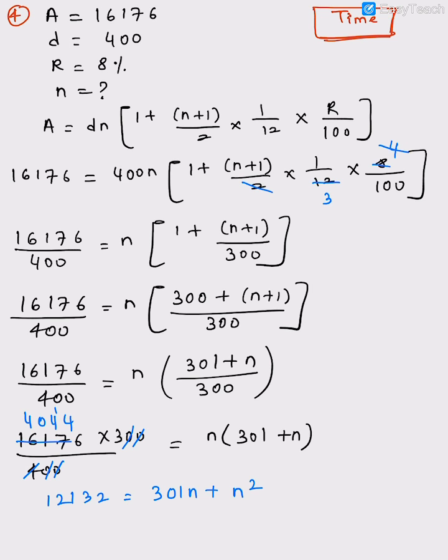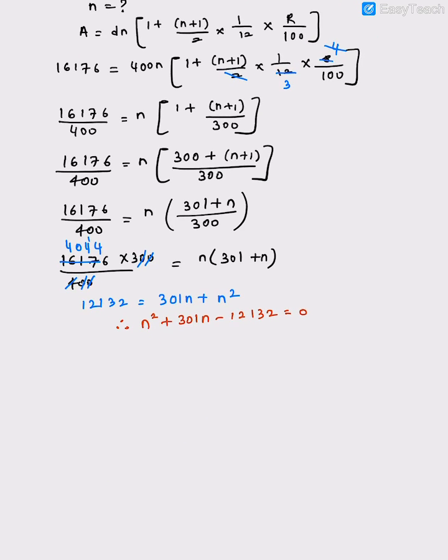So remember, you will always get a quadratic equation. Make a note in your notebook. Whenever it's a time problem, you're supposed to get a quadratic equation. So therefore, n squared plus 301n minus 12132 is equal to 0.